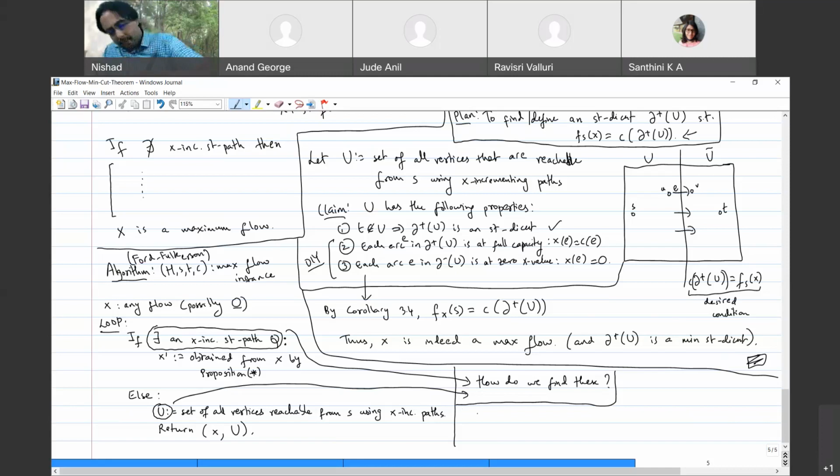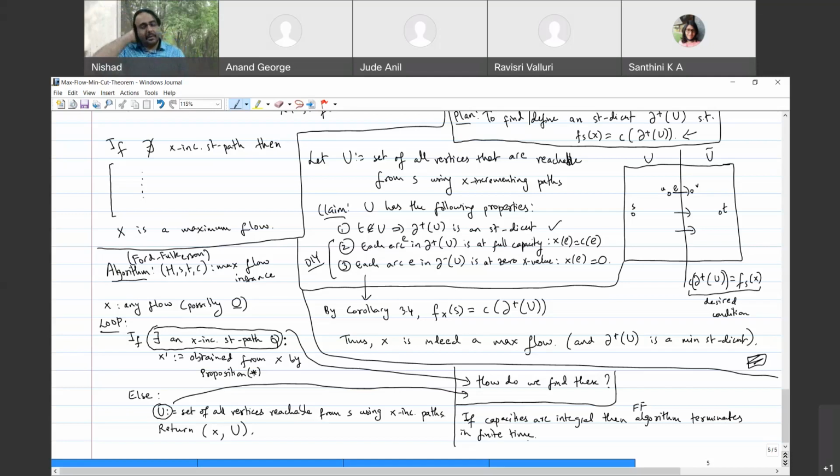So the point I want to make is that if the capacities are integral, then the Ford-Fulkerson algorithm terminates in finite time.